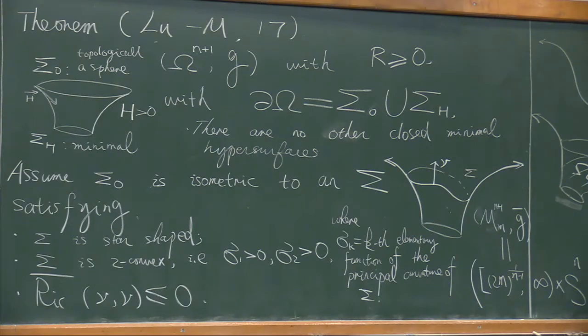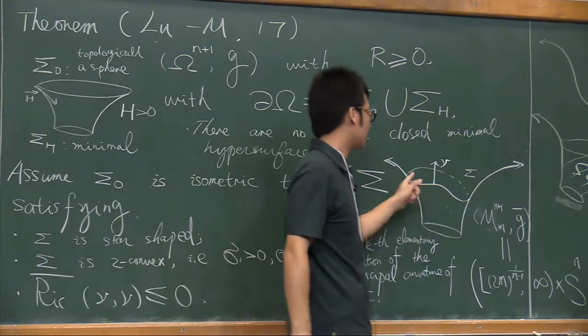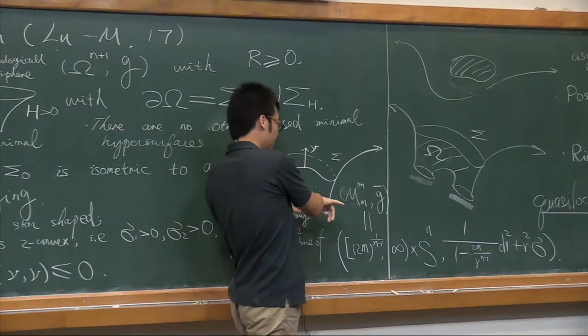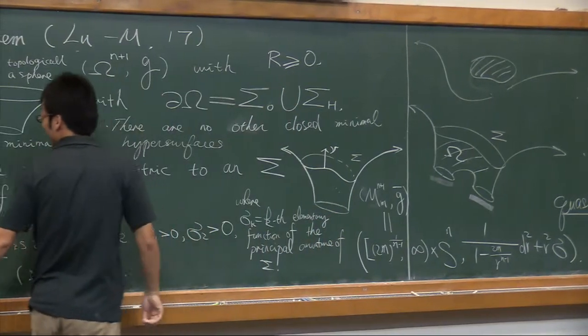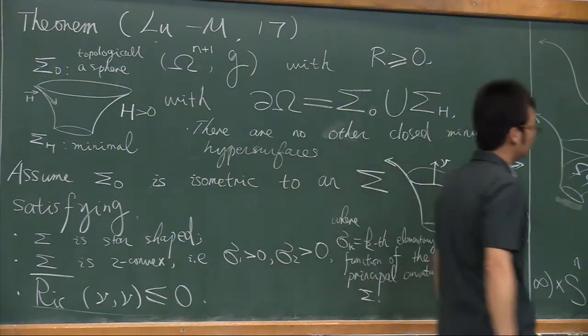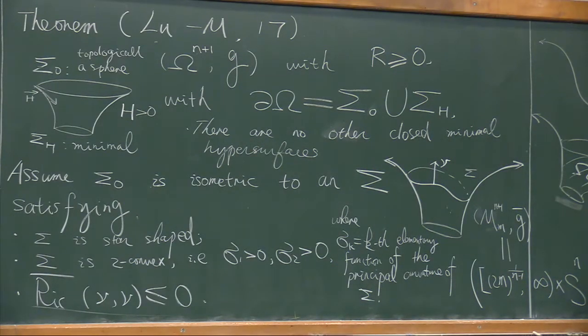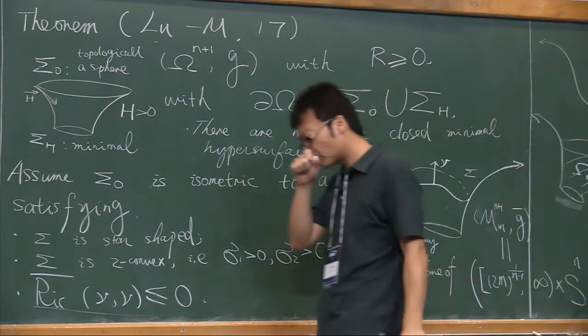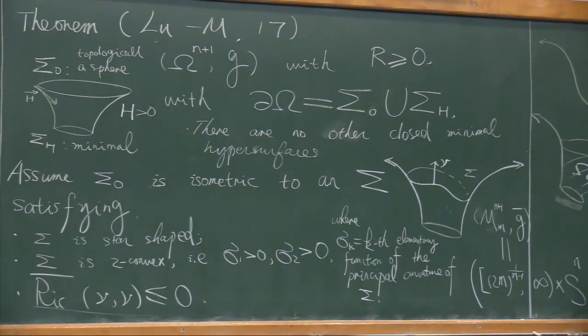Now, notice that when m goes to 0, the Schwarzschild manifold limits to the Euclidean space. In the Euclidean space, the Ricci curvature is identically 0. So in that sense, this third assumption is not indeed that strong.